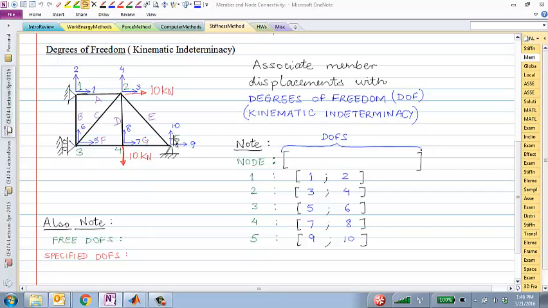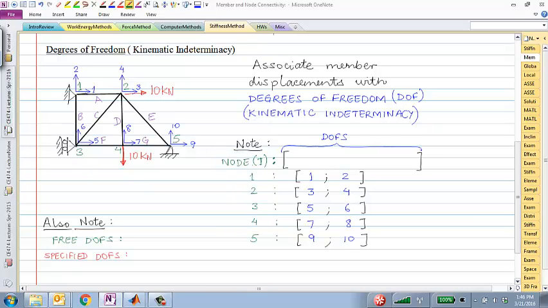Now, you remember even for the force and flexibility method, we assigned degrees of freedom for a particular node. If I give you node I, what would be the degrees of freedom associated with it? Say, for example, for node 3, degrees of freedom associated are 5 and 6. So if it's a node I, maybe I'll write that here.